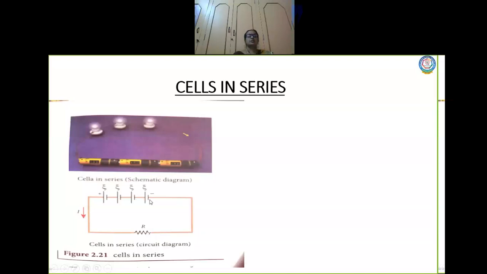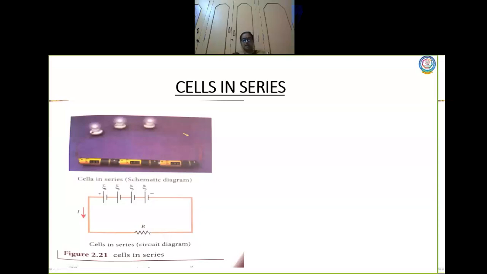The negative terminal of the fourth cell and the positive terminal of the first cell are left free, and they are connected to an external resistor. This becomes the positive terminal of the battery and this becomes the negative terminal. A number of cells combined together form a battery, and this positive and negative terminal is connected across a resistor whose resistance is R. Is the diagram clear now?